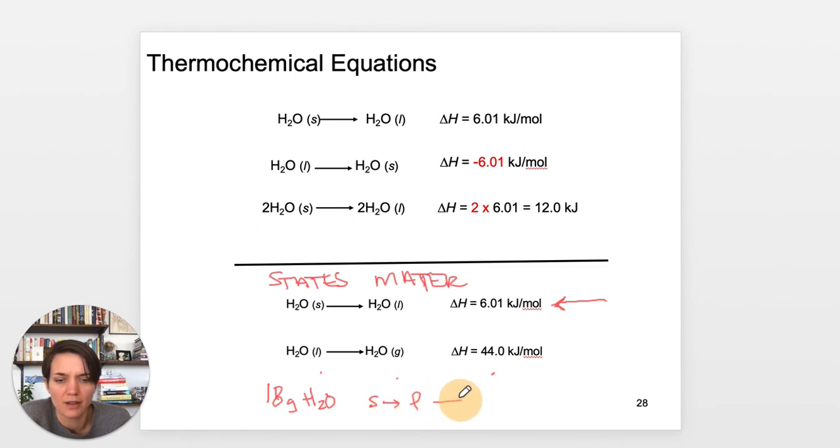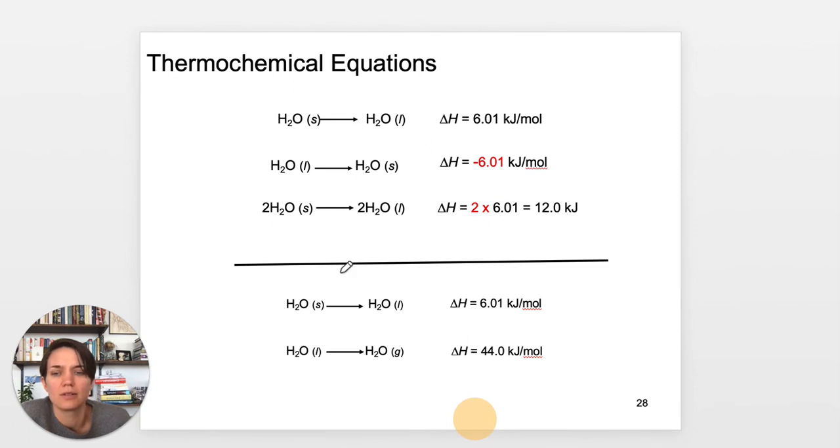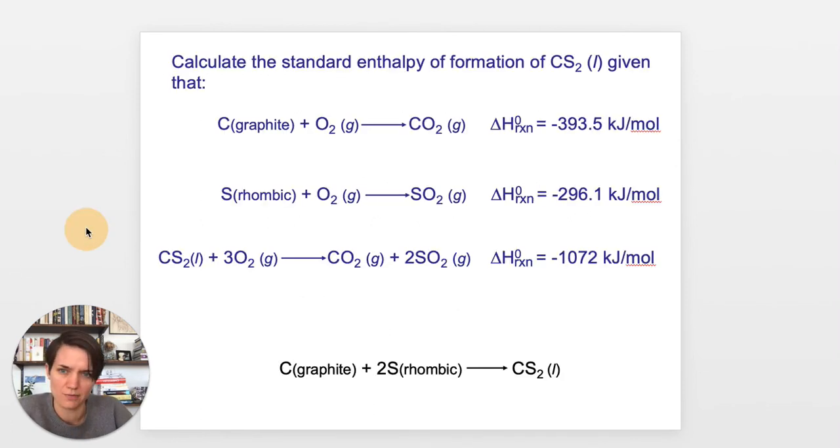If I wanted to then go to gas, I would need an additional 44 kilojoules per mole. Right? So water will melt much more readily than it will go into a gaseous form. That has to do with its intermolecular attractions, which you'll learn about in Chem 2 when you take it, because you love chemistry so much.